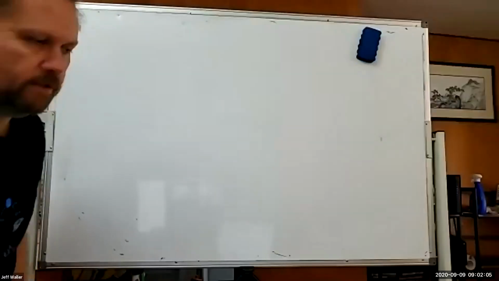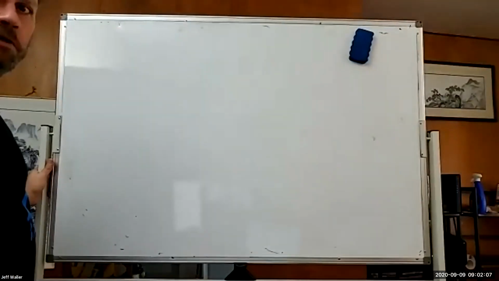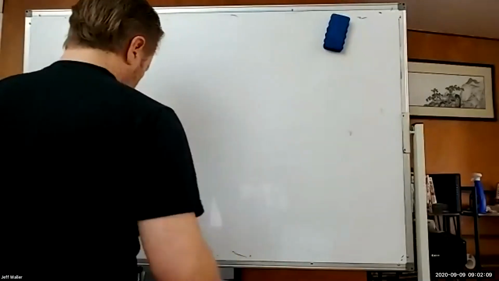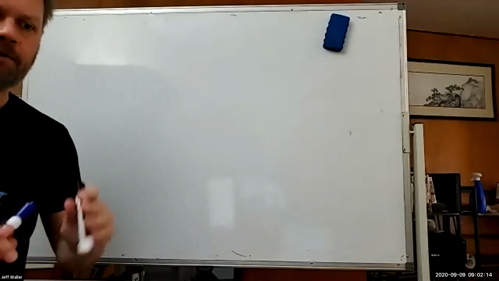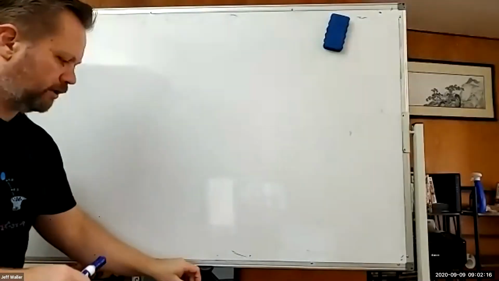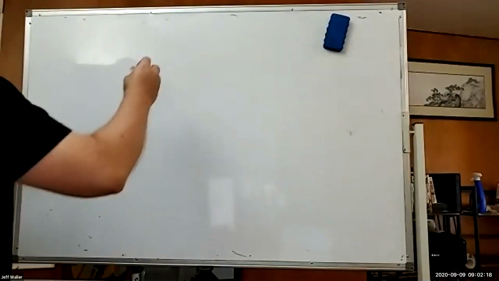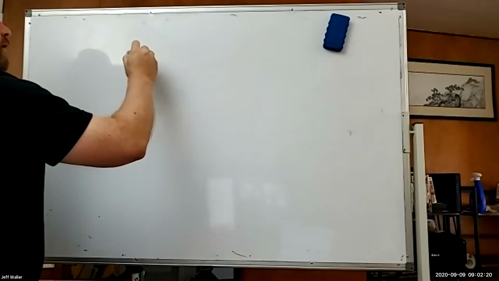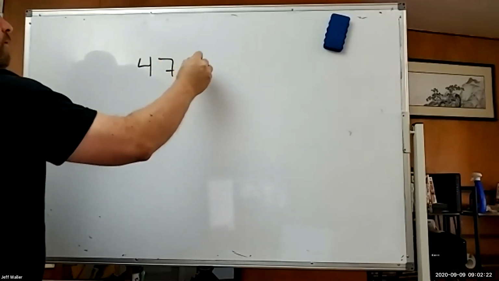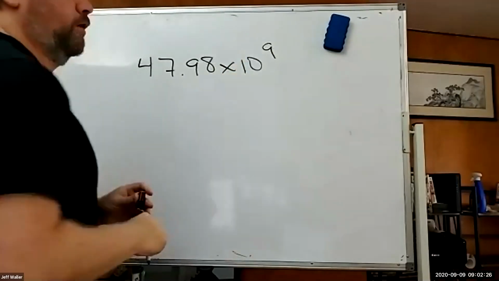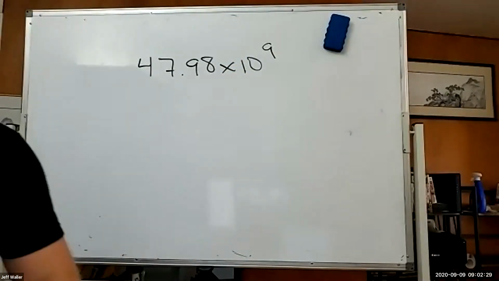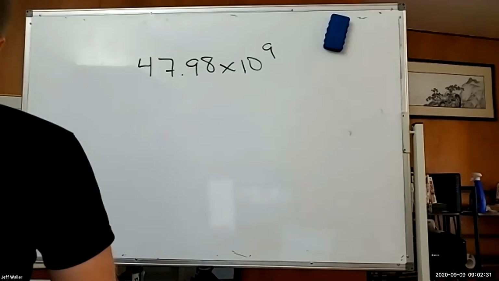All right, let me see. I think that looks all right. A couple things. This is going to seem a little bit strange, but it's going to become very clear very soon. If you saw this, like maybe somebody did a problem and this is what they got.